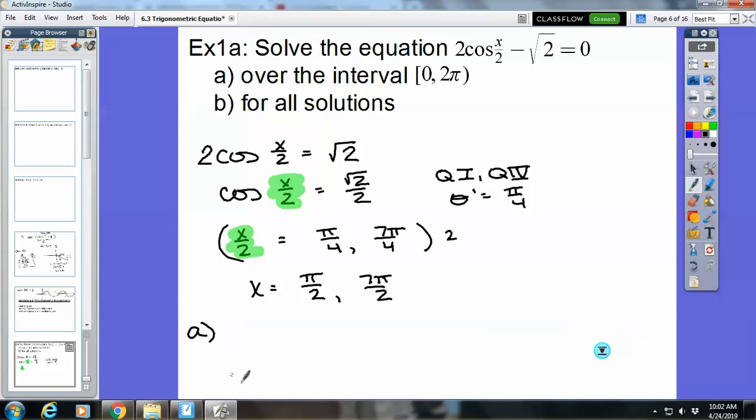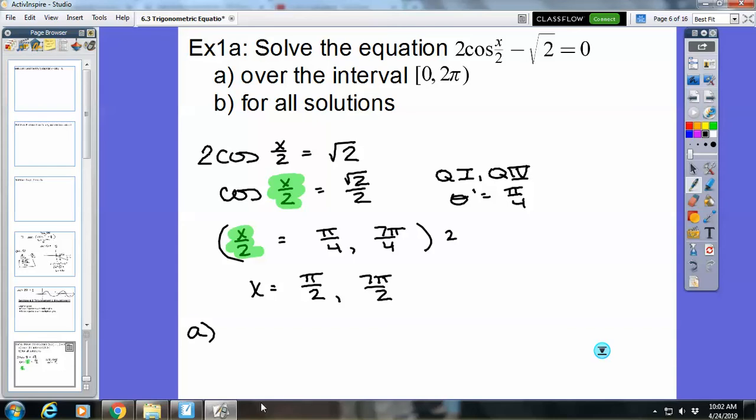Okay, so for part A, I wanted every answer between 0 and 2 pi. Because this wasn't like a 2x, I don't necessarily know that I got double the solutions. What does that x over 2 do to your graph? Stretches it out.